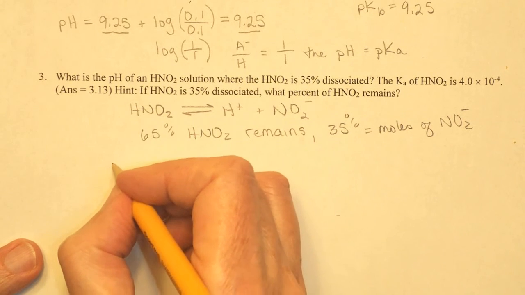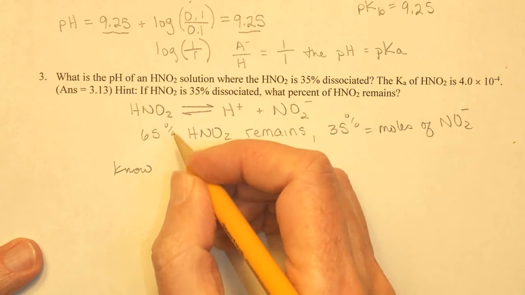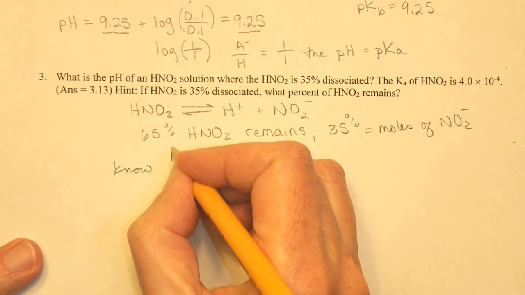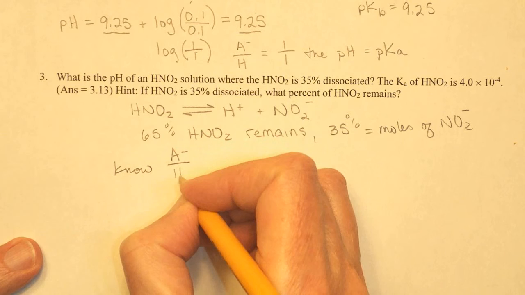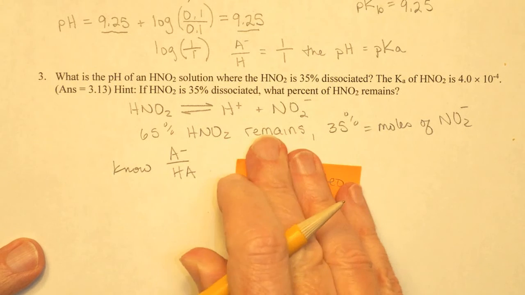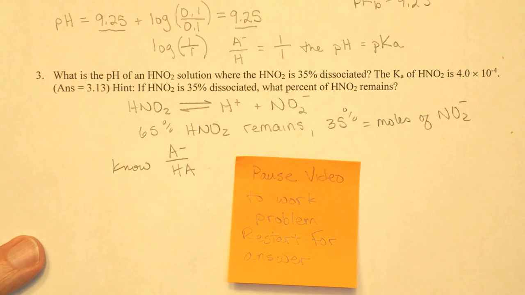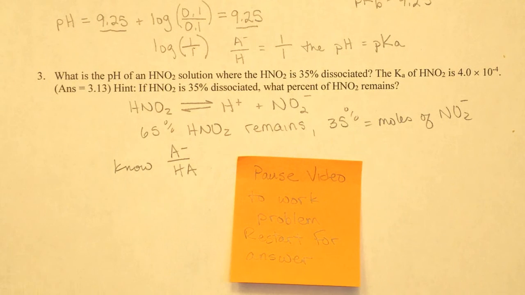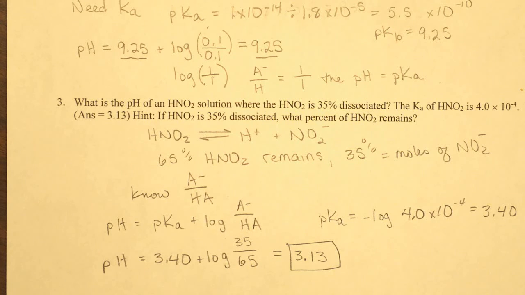So now we know the ratio of A minus to HA. And so with that, I would like you to solve the rest of the problem and then restart the video when you're ready. So pause the video to work the problem and then restart for the answers.